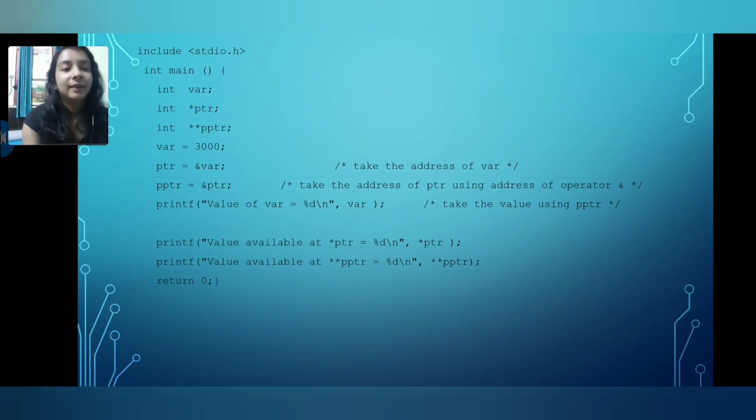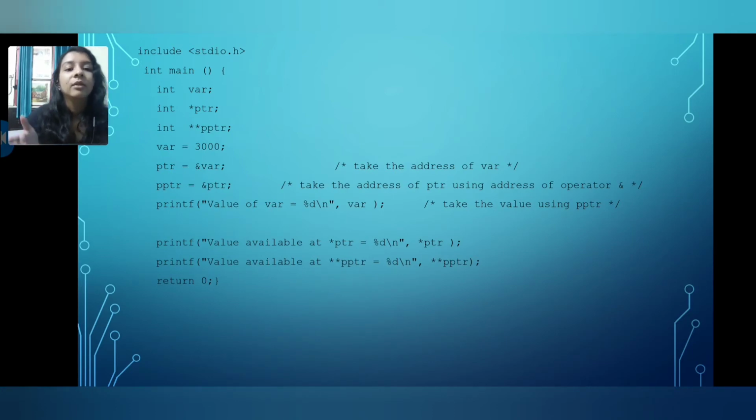This is the program that will illustrate the use of a pointer to a pointer. First of all, a normal integer variable is declared, then a pointer is declared that points to that variable, which is ptr. Then you declare another pointer which is pointing to the ptr pointer. So basically it's a pointer to a pointer, so you use two asterisk signs and it is pptr. Then it is assigned the value 3000, ptr stores the address of that variable, and pptr stores the address of that pointer.